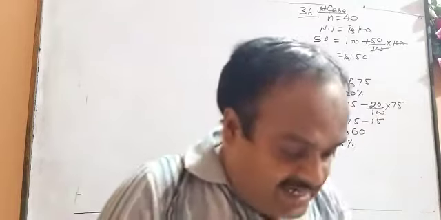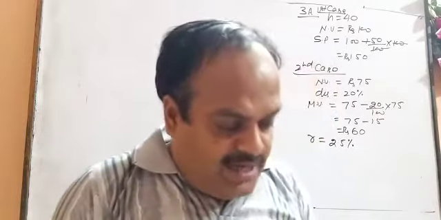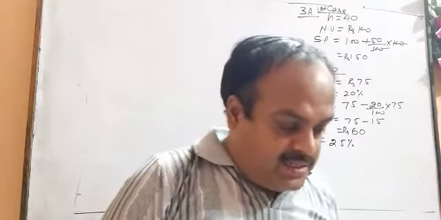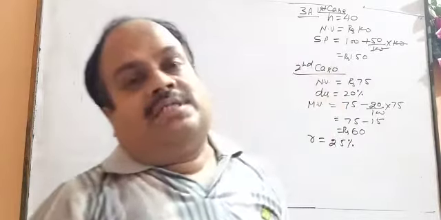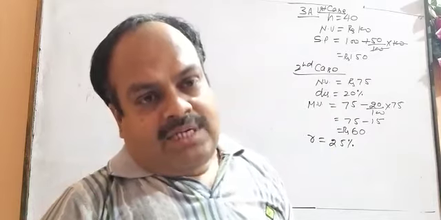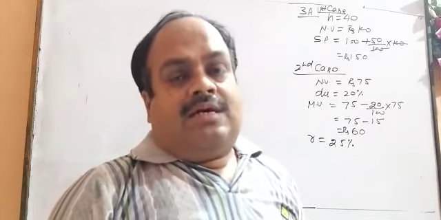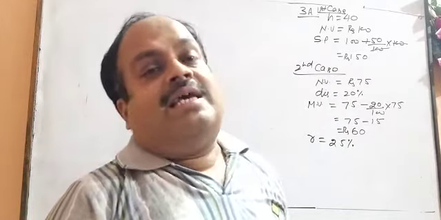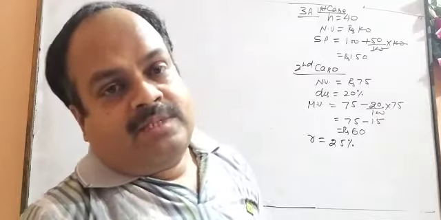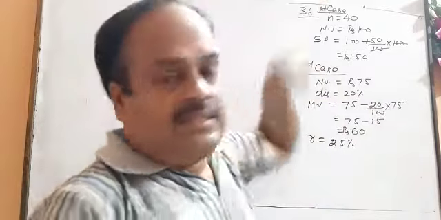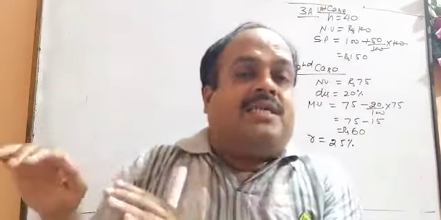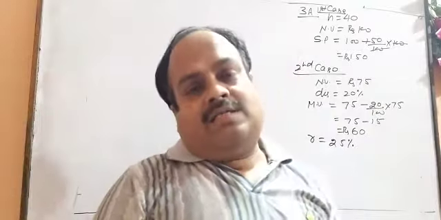Now we have to calculate three things. First one, the sale proceeds. Sale proceeds means the price she gets from selling 40 shares and invests into the other company.